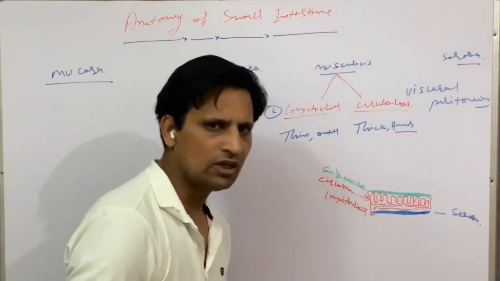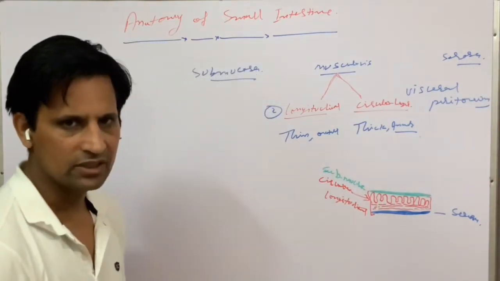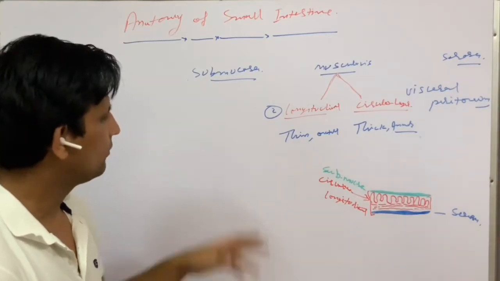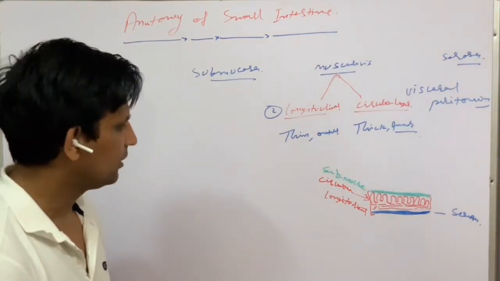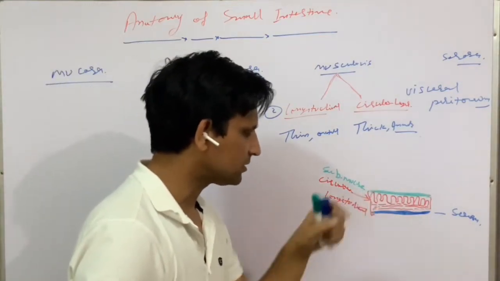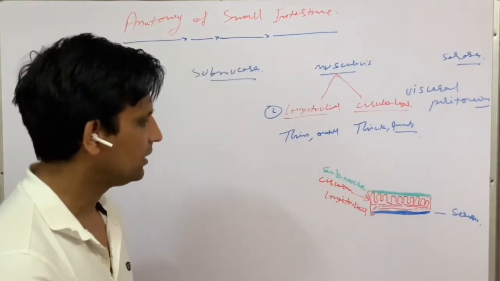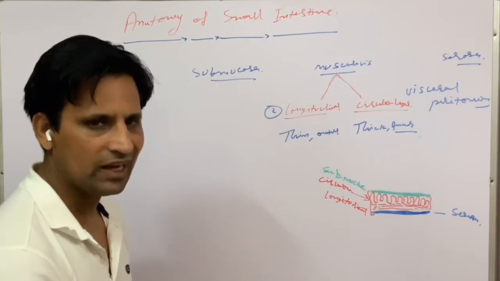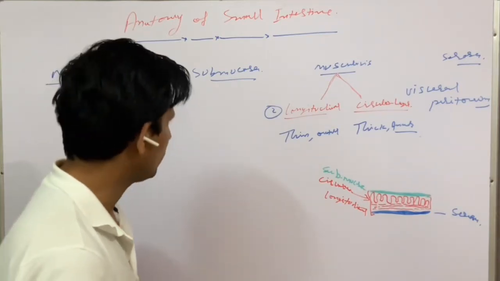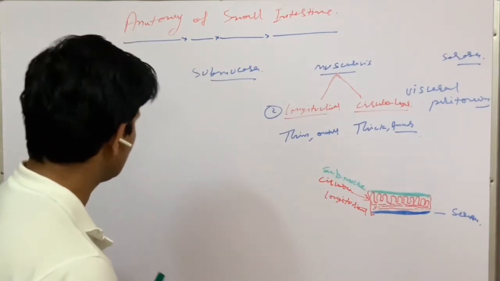But the submucosa of the duodenum has some specific features, which we discussed earlier in our last section about the duodenum. The submucosa of the duodenum has some specific type of glands.